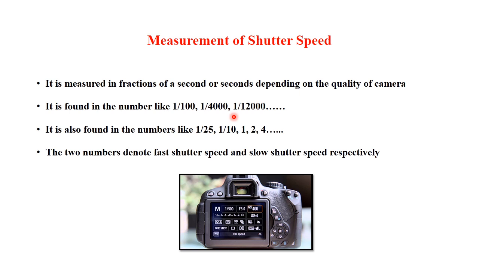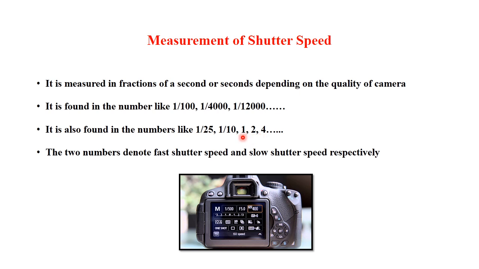So you can imagine how short that duration would be, right? What is remarkable about shutter speed is how fast it opens and closes. Over here we see that the speed is decreasing: when you divide 1 second into 25 parts, or into 10 parts, and over here we have 1 second, 2 seconds, and 4 seconds.